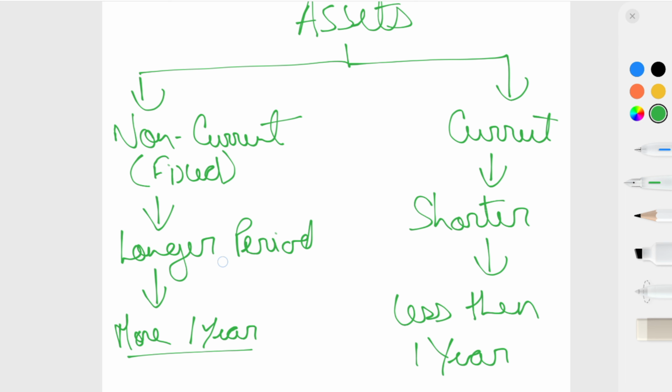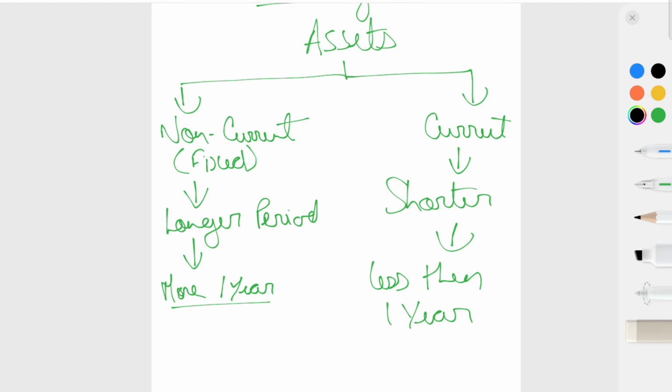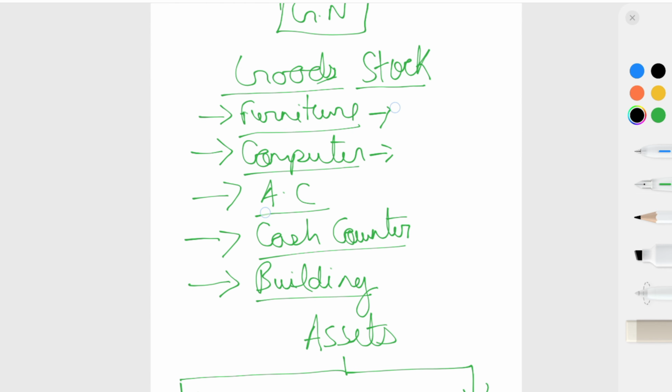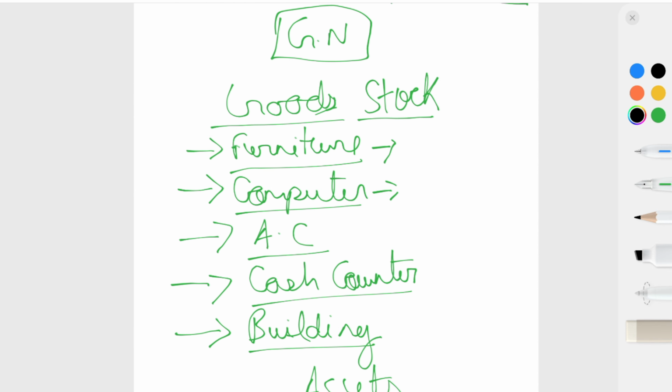Now we'll go back to our example of the general store and try to categorize these items as fixed or current assets, right? Goods, also known as stock. Stock means the goods which are purchased for resale purpose, right? Sale and purchase of goods happens every day, so it is a current asset.